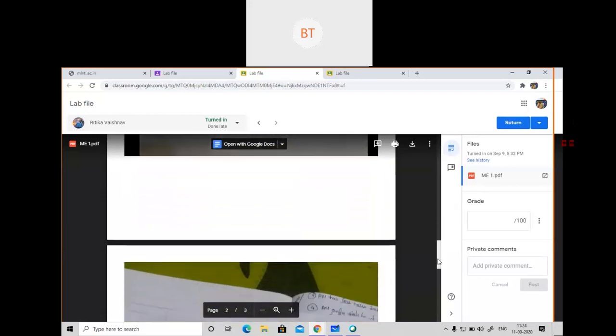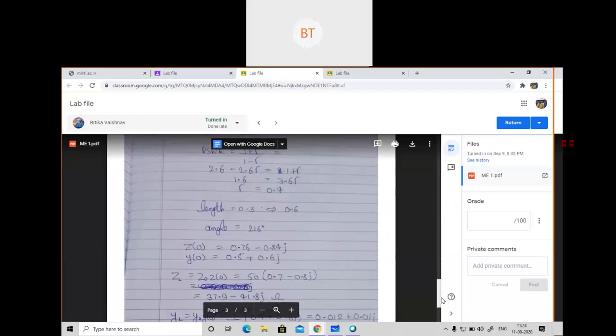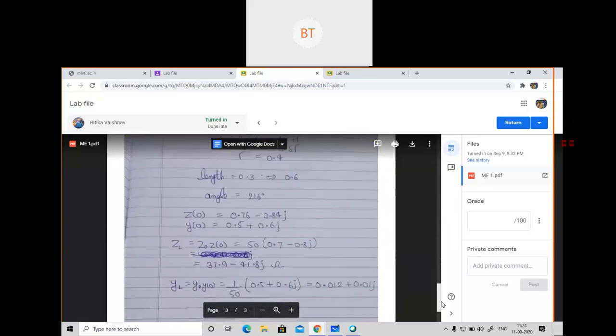We dealt with one problem, and I had told you to change some values. So the ZL value you have got, Ritika, is 37.9 minus J41.88. This is correct. And the YL value you have got is 0.012. Oh, both of Ritika's answers are correct. So you are accurate.